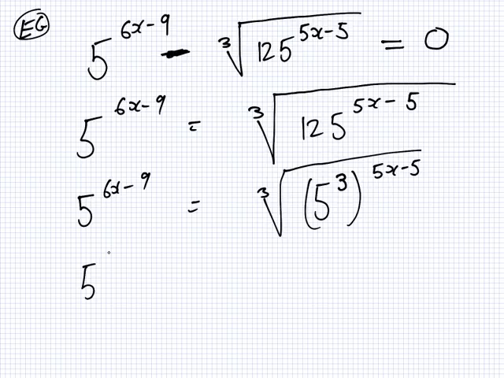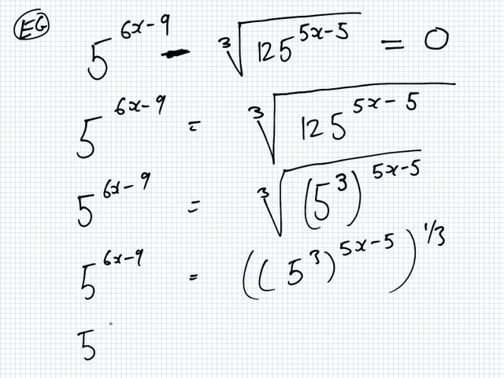Next, cube root is power 1 over 3. So now we have 3 powers to multiply together. We have 3 times 5x minus 5 times 1 over 3. But what's nice is that the 3 and the 1 over 3, they cancel.